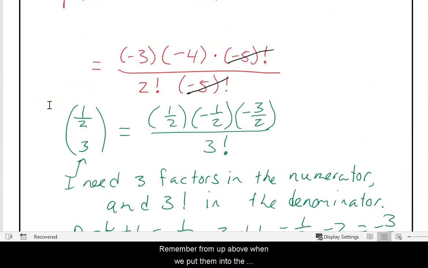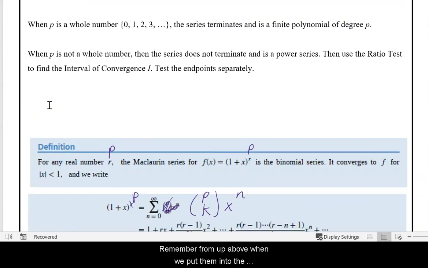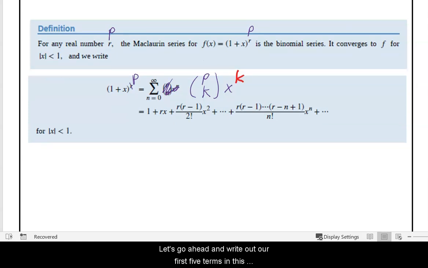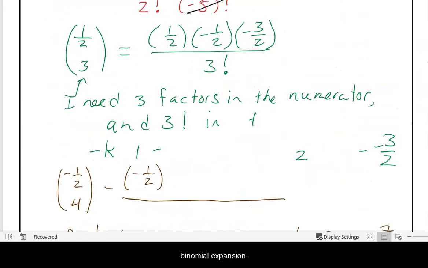Remember, from up above, when we put them into the binomial series, it is these coefficients that we found multiplied by x raised to that power. In this case, our power here should match the subscript, in this case k. The k here matches the power on x. Let's go ahead and write out our first 5 terms in this binomial expansion.